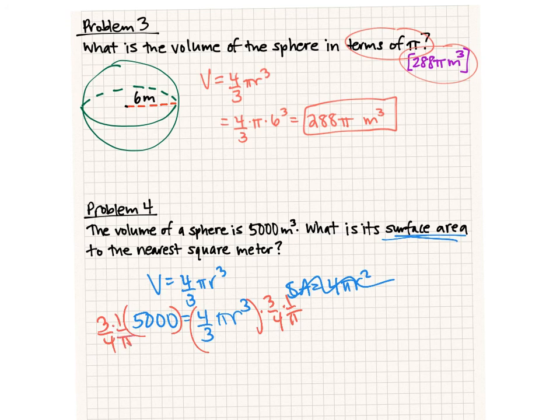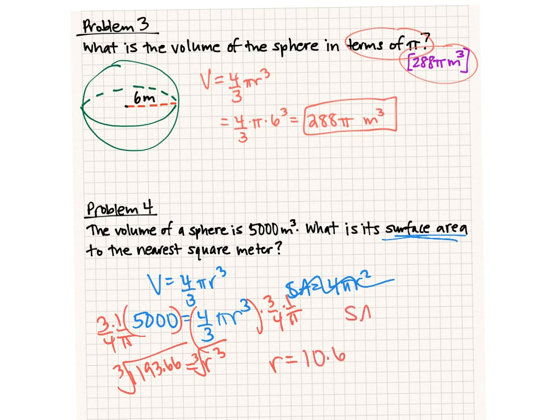So let's take 5,000, multiply by 3, divide that by 4, and then divide that by pi. And we get r cubed equals 1193.66. And then we just need to take the cube root of that. And then we get about 10.6 is my radius.